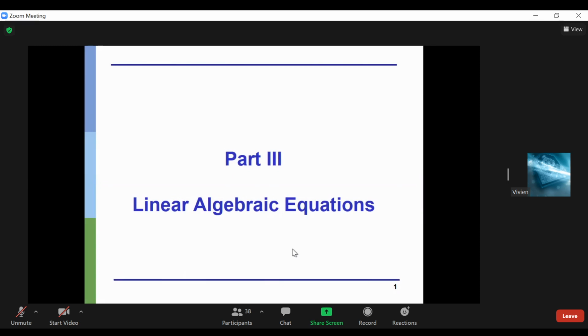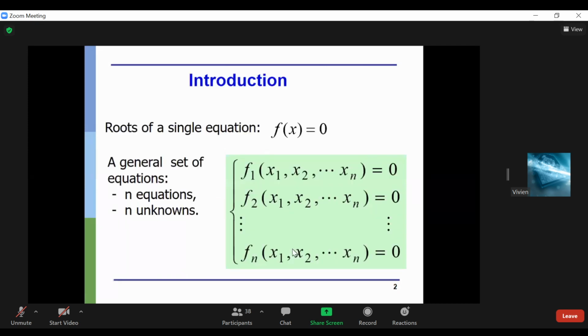Okay. So now we will continue on part 3, which is about the set of linear algebra equations. Perhaps you have learned about this before, in which we have several equations to solve for several unknowns. So say we have n equations, the first function and the second and so on.